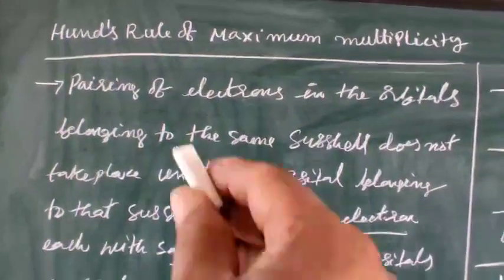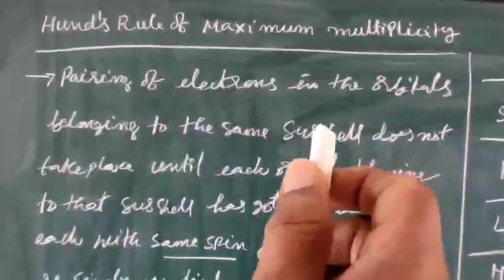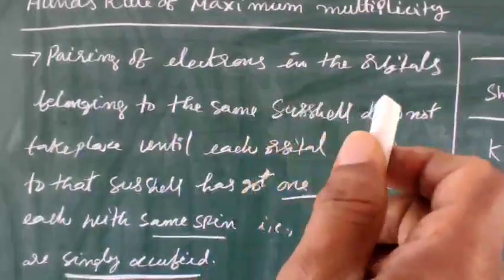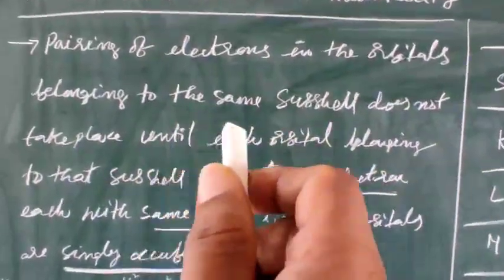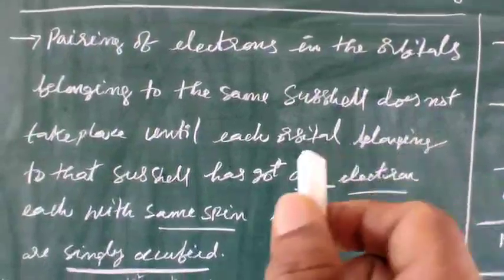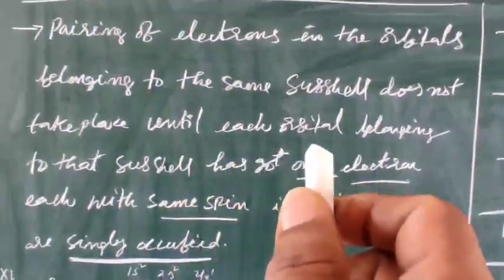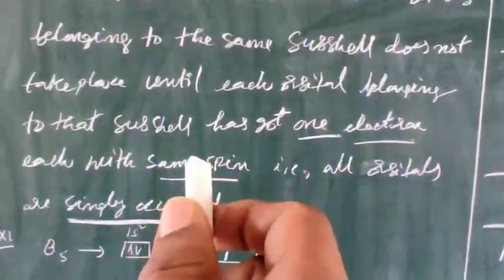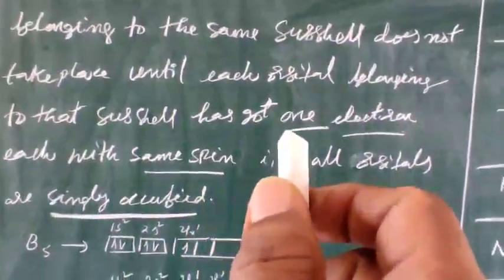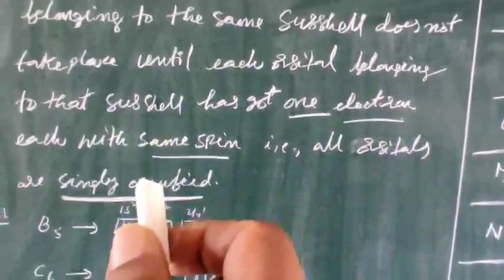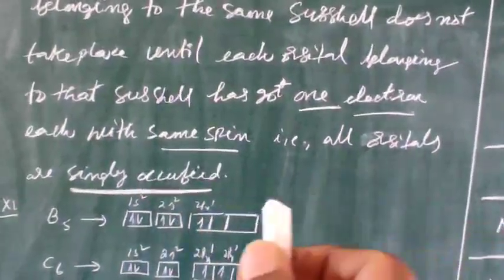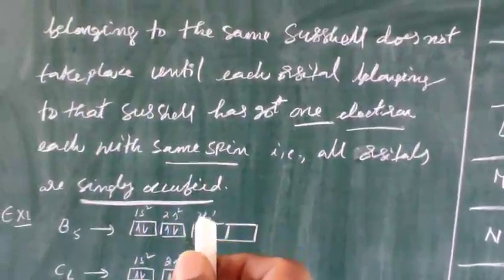Next one, Hund's rule of maximum multiplicity. See the rule. Pairing of electrons in orbitals belonging to the same subshell does not take place until each orbital belonging to that subshell has got one electron each with the same spin. That means all orbitals are singly occupied.